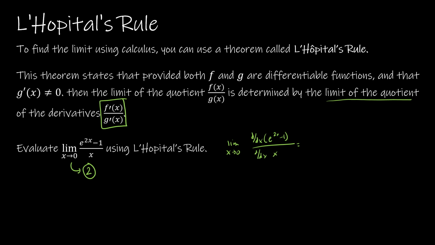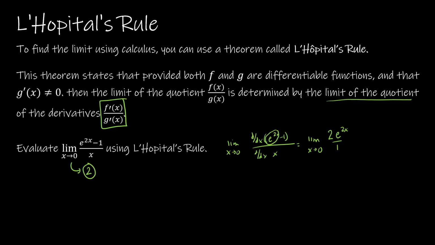So what's the derivative of e to the 2x minus 1? The derivative of e to the 2x is e to the 2x times the derivative of 2x, which is 2, and then the derivative of minus 1 is 0, so I don't have to write that, and the derivative of x is 1.